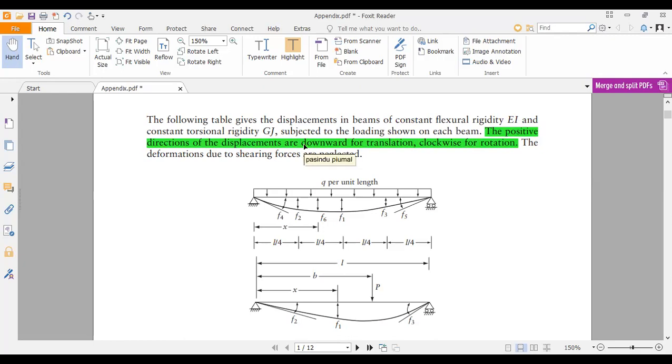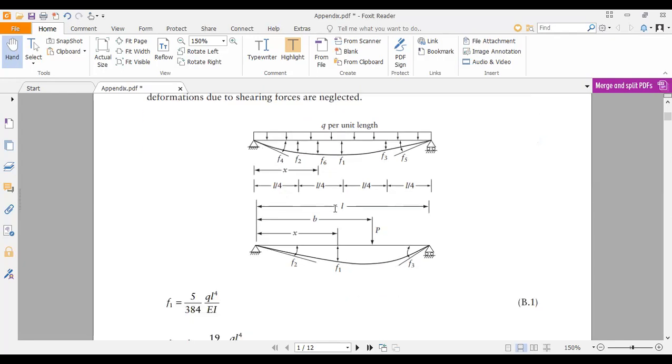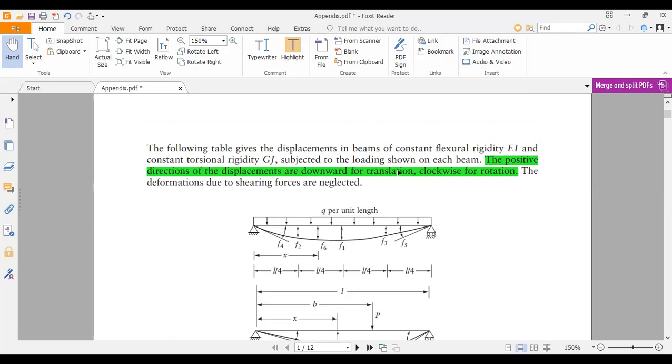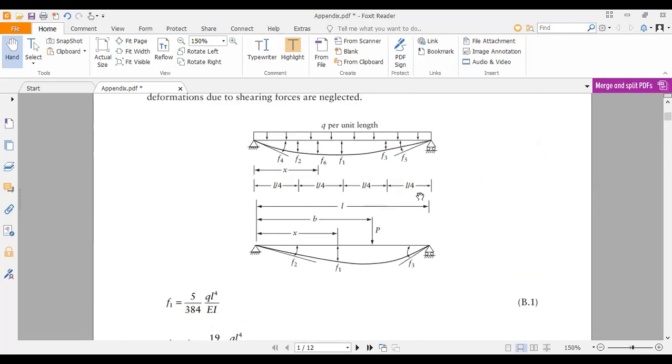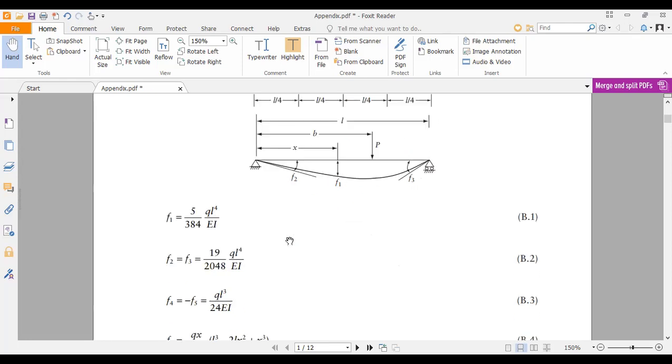So when you take values from this appendix, just take the value and consider the direction according to your sign. Okay, so this is the structure you need, right? So you need at the middle F1 and F4, right? F4. So F1 is pretty straightforward, this one. So you need to apply, this is 2L, right?